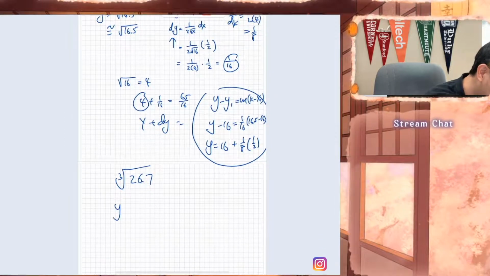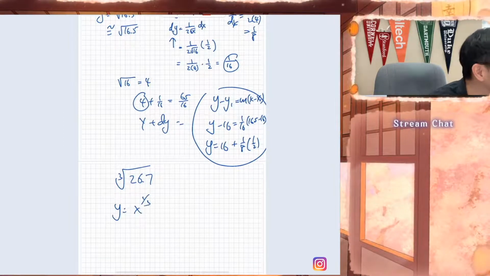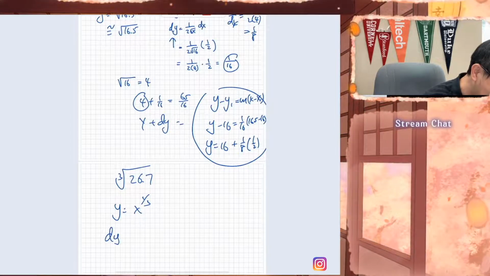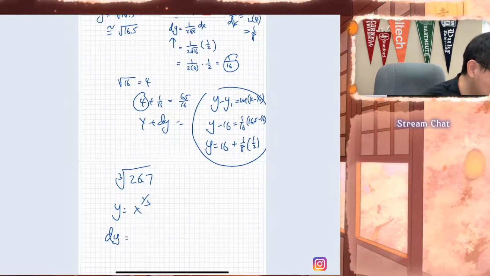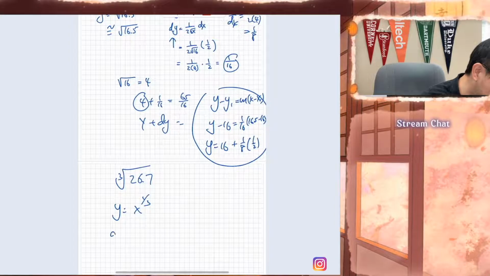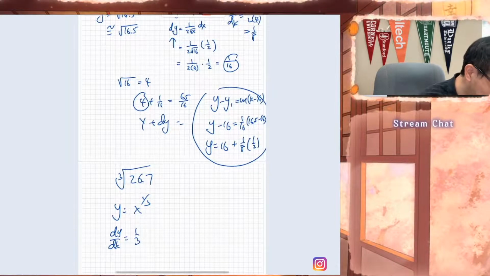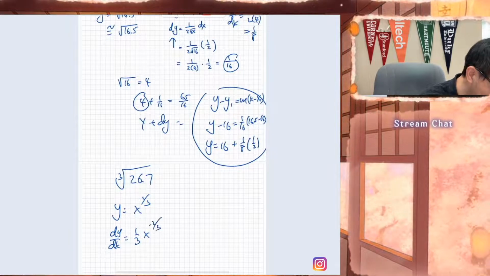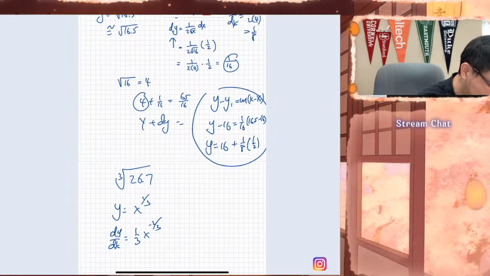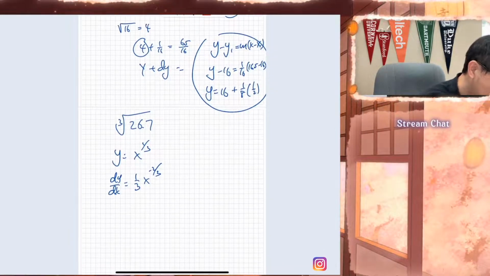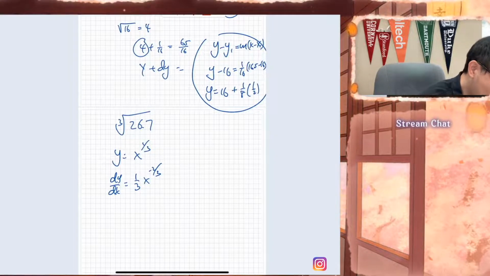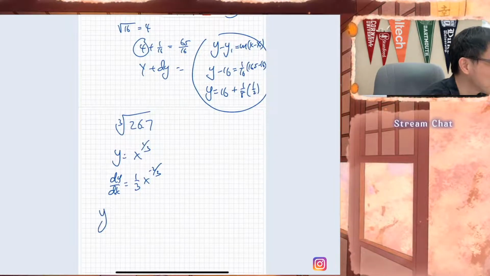So it'd be y equals x to the 1/3, right? And if I do the derivative, dy/dx is equal to 1/3 x to the negative 2/3, right? Yes. And then if I use a tangent line approximation, I can use the same way.